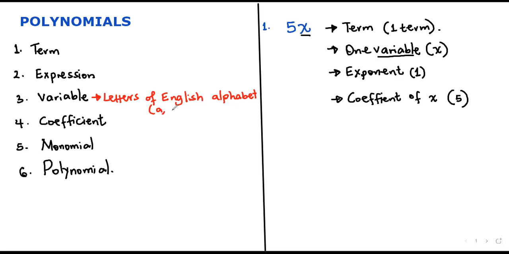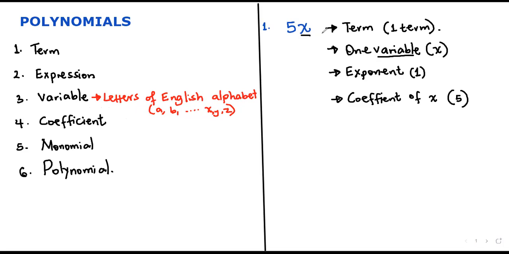Like A, B, C, D, X, Y, Z, all of those we call variables. When we are dealing with polynomials or algebra, we call all the letters of the English alphabet variables.